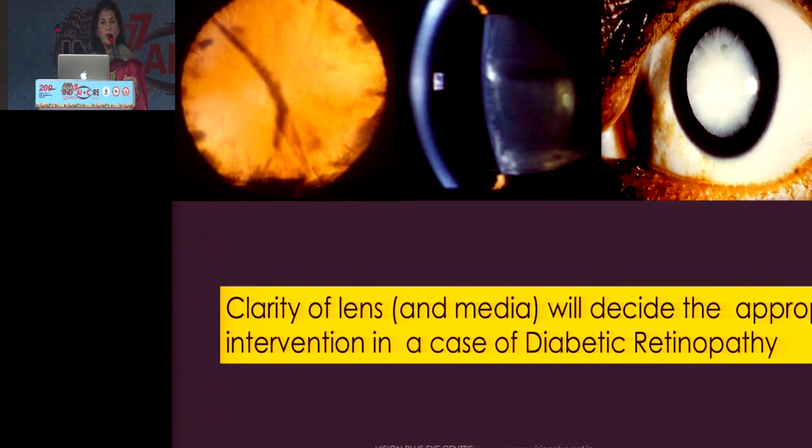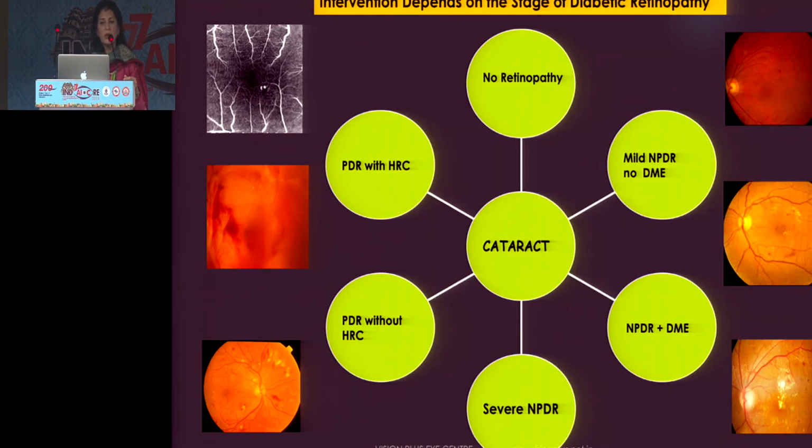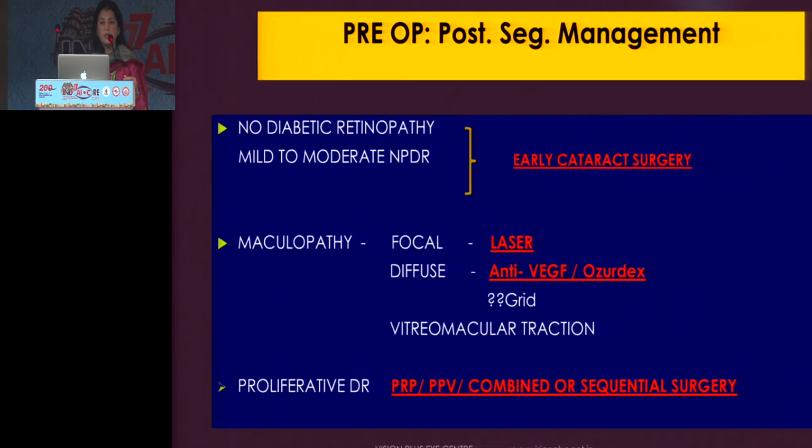And depending on the clarity of the lens, depending on the stages of the diabetic retinopathy, you can decide what you want to do. If there's no diabetic retinopathy or a mild to moderate NPDR, early surgery would be warranted so that you can continue to follow up your patients and see their fundus examination. If the patient already has maculopathy, it's already been elaborated by the previous speaker, so I will not go into that.